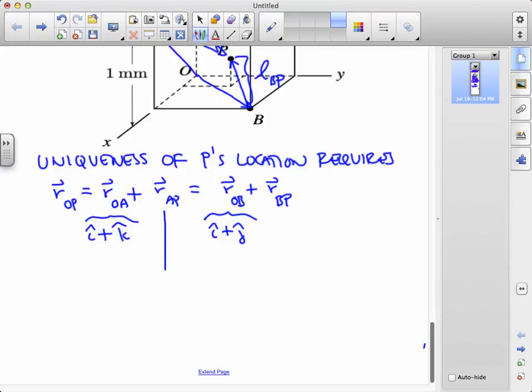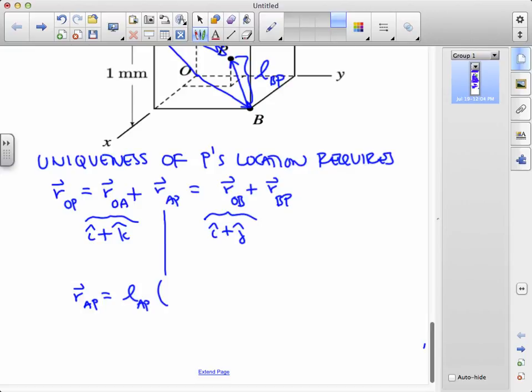In contrast, RAP is a distance we don't know, a magnitude we don't know, the length from A to P, on a unit vector whose components we do know, because those are just the direction cosines that are provided.